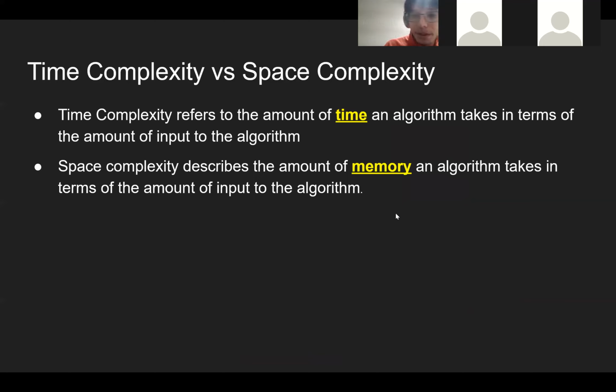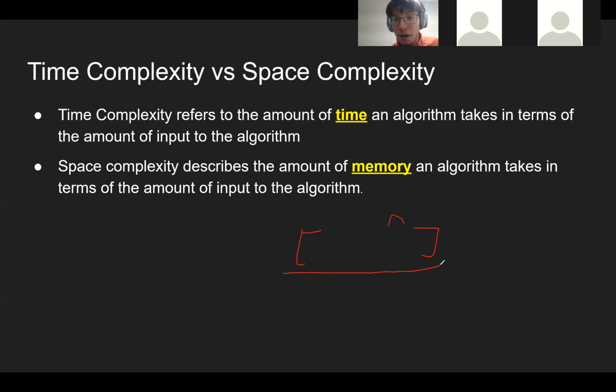Okay, we talked a little about time complexity. There's also space complexity, and space complexity is like time complexity, except instead of being about the amount of time an algorithm takes, it's the amount of space it uses. So if, for example, I'm given an array of size n, there are n elements, and we need to copy them all.